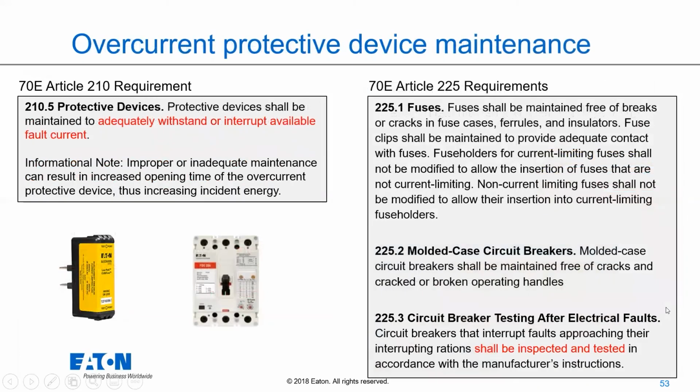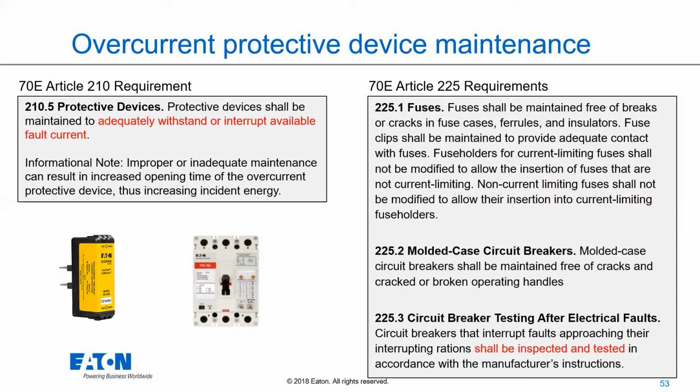Your overcurrent protective maintenance: the most important thing is that you want to maintain your overcurrent protective device so that it can adequately withstand or interrupt the available fault current. That's the standard that we're measuring them to. Fuses: until a fuse opens, there's not a whole lot of maintenance usually associated with them.